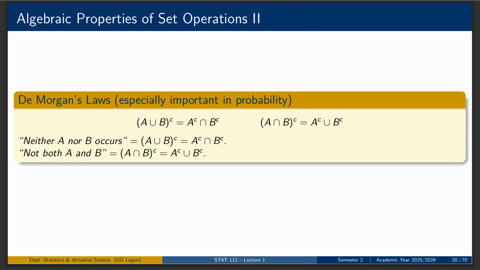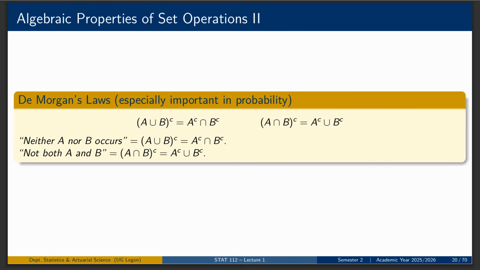We can also talk about De Morgan's law, especially important in probability: the complement of A union B is the same as A complement intersection B complement. And of course, we can do the same with the intersection: the complement of A intersection B is the same as A complement union B complement. So what does this mean?